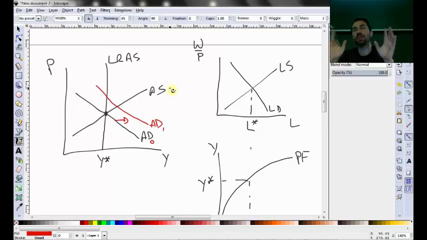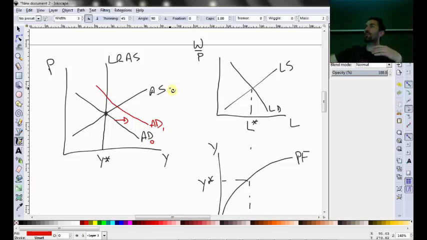So what classical economics says is people are rational. People make the right decisions about stuff. People can see what's happening around them, and when they see it, they understand what's happening around them.